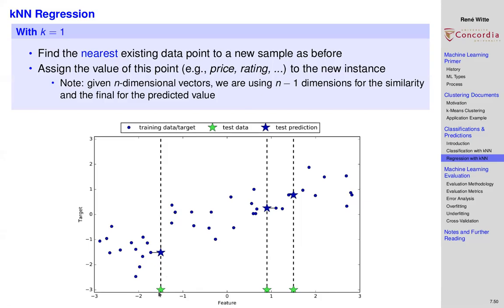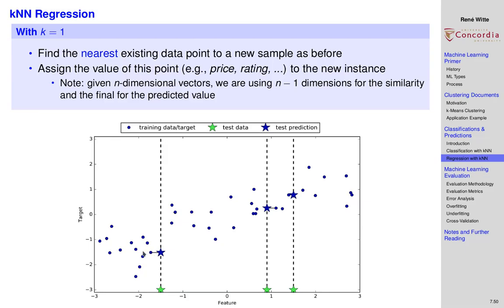So what do we do? For this data point here, we're going to look at the k equals 1 nearest neighbor. So if k equals 1, it's again the closest neighbor. So for this point here, for this x, we're going to look at the value closest in the x dimension. And this is going to be this one here.